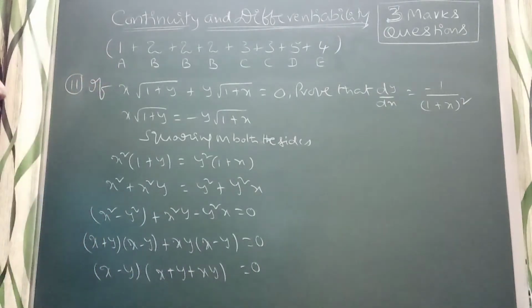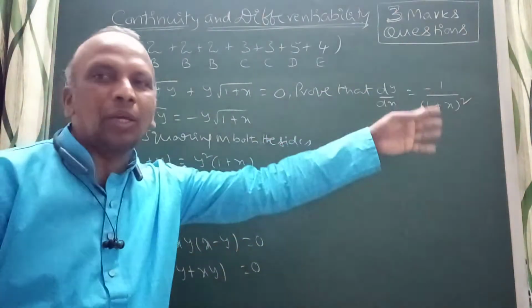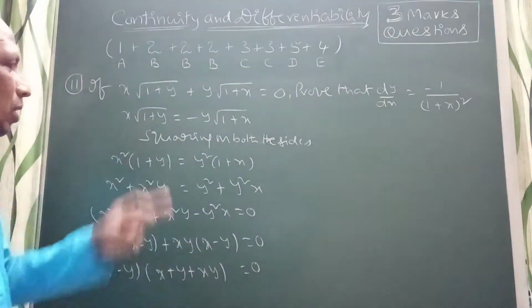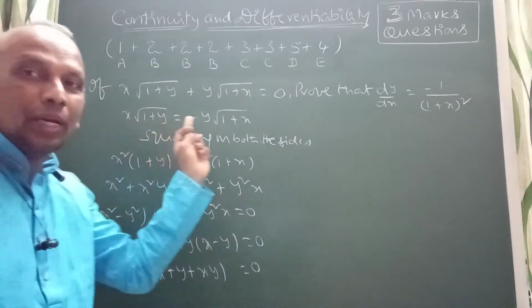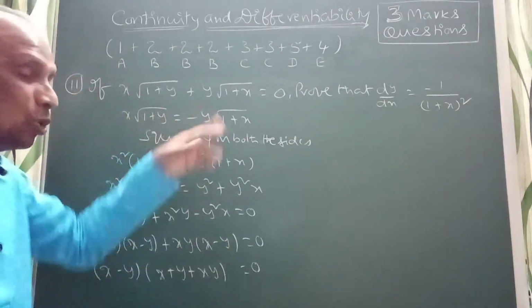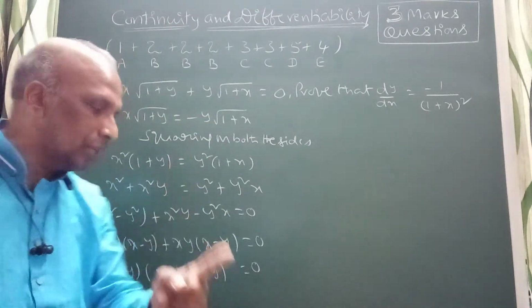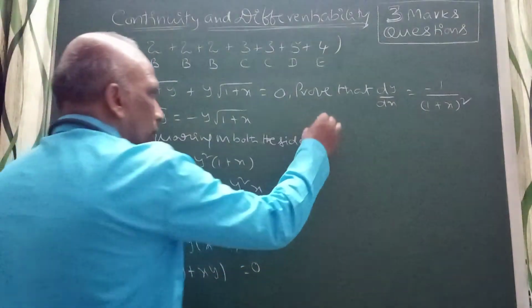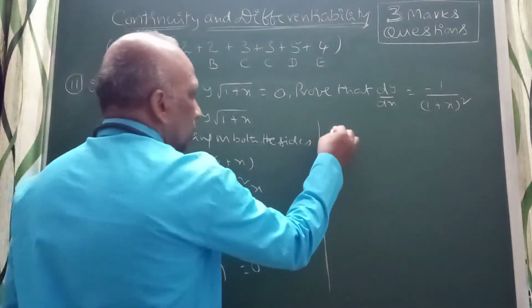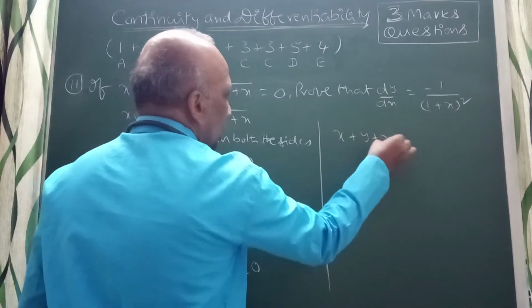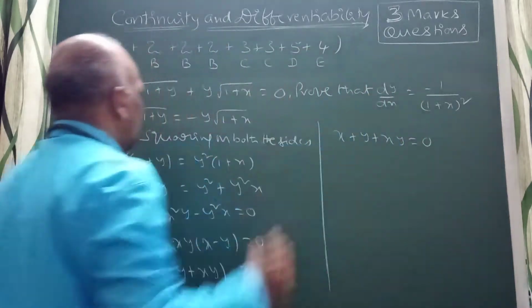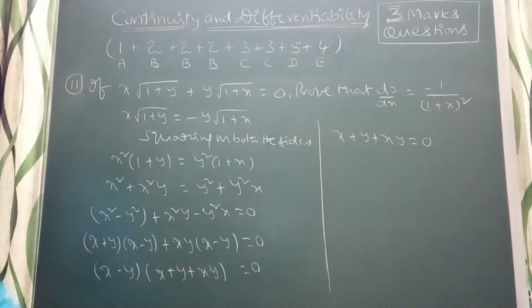Because if you take x equal to y, dy by dx will become 1 only, but it won't satisfy this equation. So from this I can conclude x plus y plus xy equal to 0.